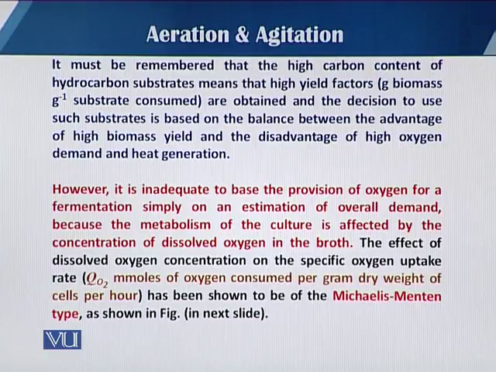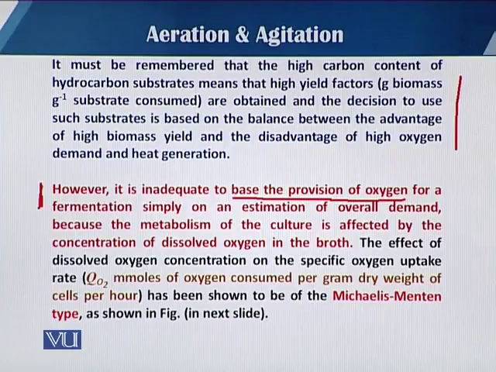So each gram of biomass produced per gram of the carbon source consumed requires more oxygen. This need is inadequate to the basic provision of oxygen for the fermentation, because a number of factors are involved in the supply of oxygen.